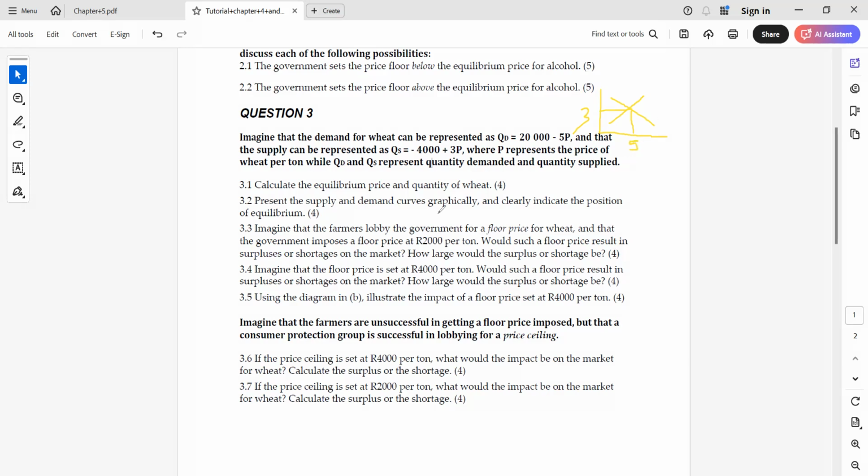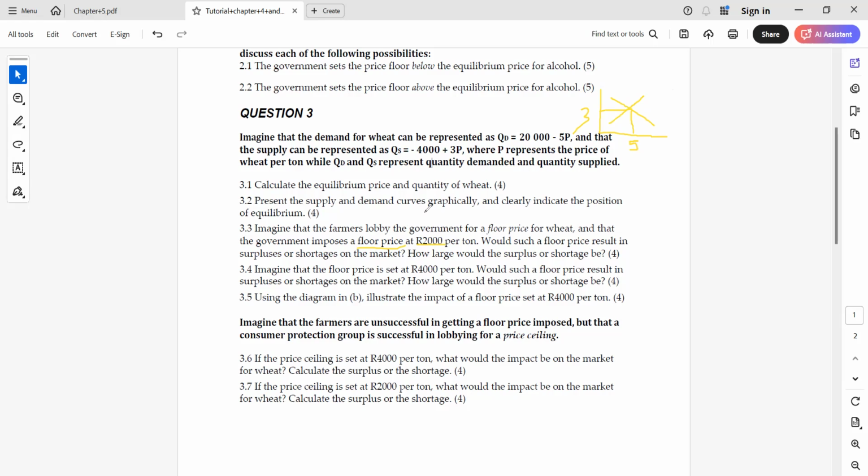Now they're saying the farmer lobbied the government for a price floor, and the government imposes a price floor. So guys, a price floor is usually set above the equilibrium price. Now they're saying that the price is at 2,000.